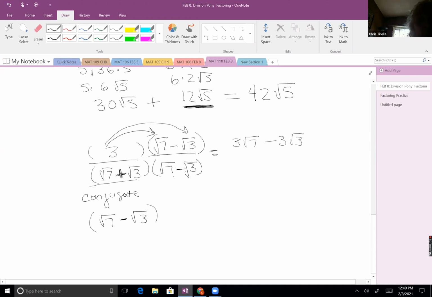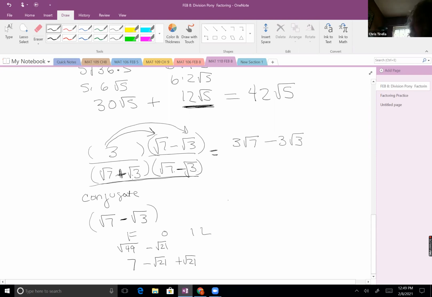Now, in the denominator, to multiply those, we could FOIL. Radical 7 times radical 7 is radical 49, which is 7. Radical 7 times minus radical 3 is minus radical 21. Radical 3 times radical 7 is plus radical 21.